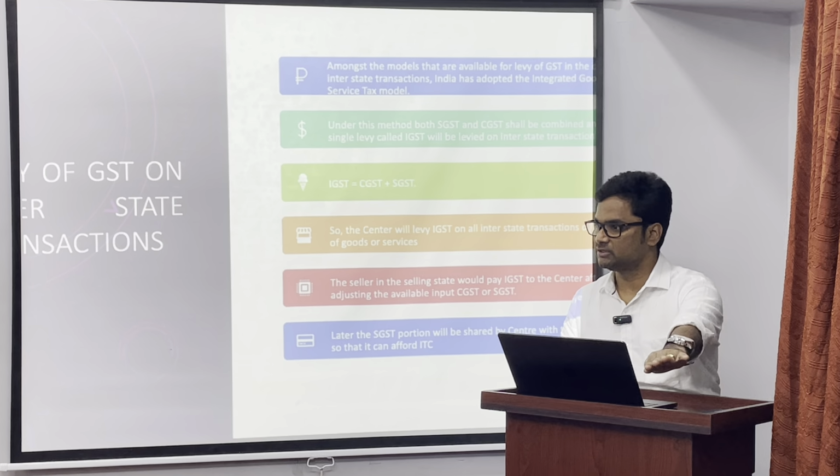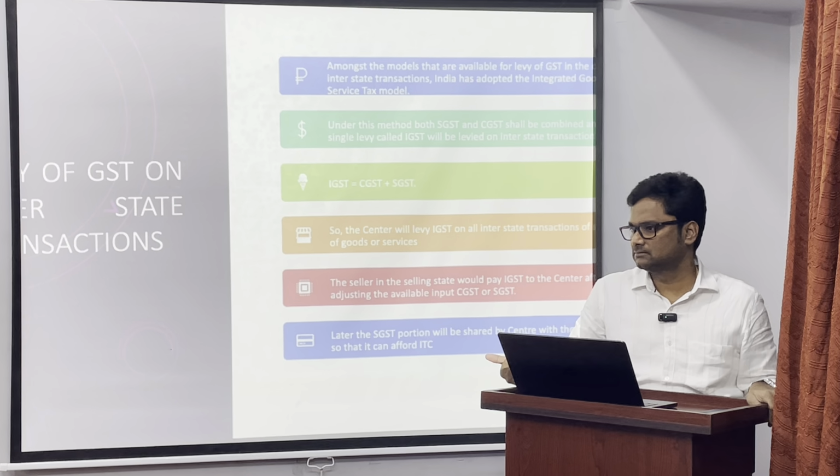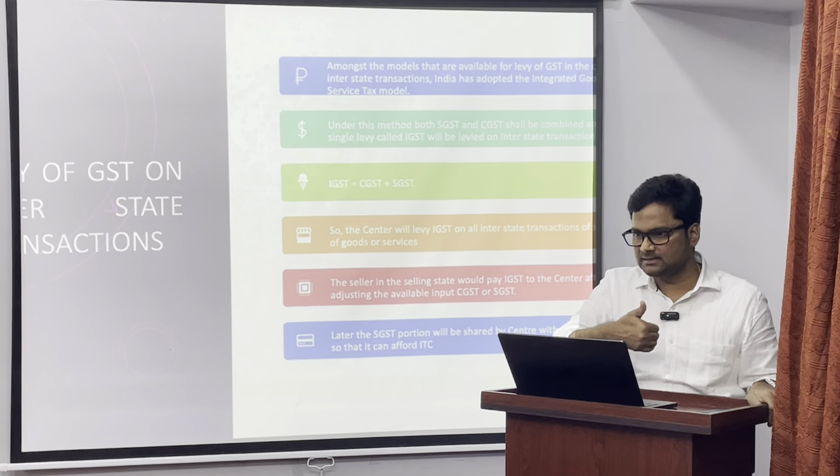Now tell me, is the state losing? No, no. But it is coming a bit late, because he has to utilize the input IGST for output SGST. Then the center will transfer that money to the state.